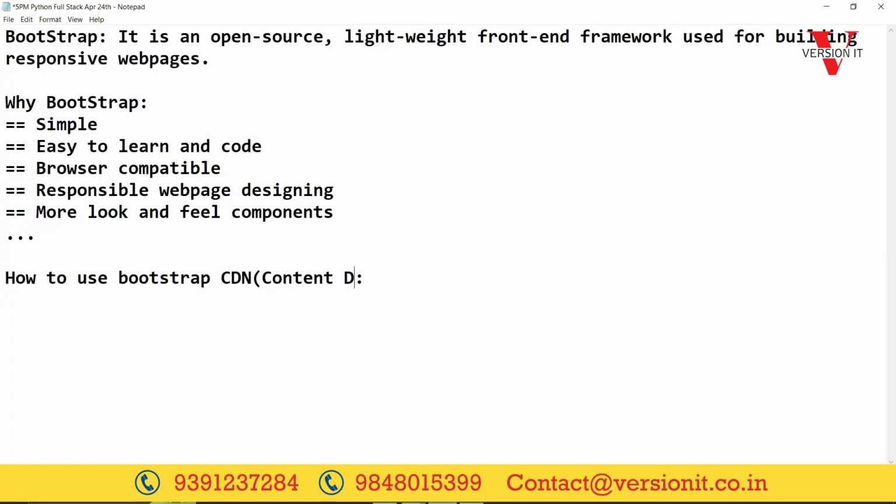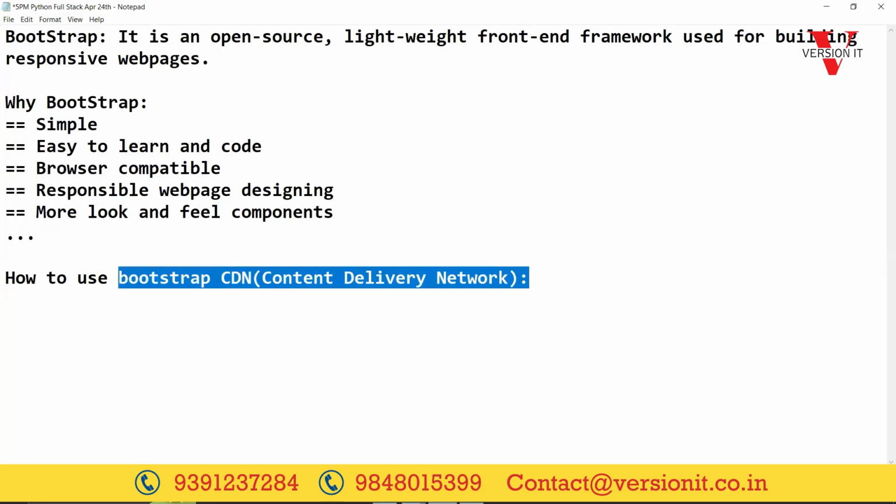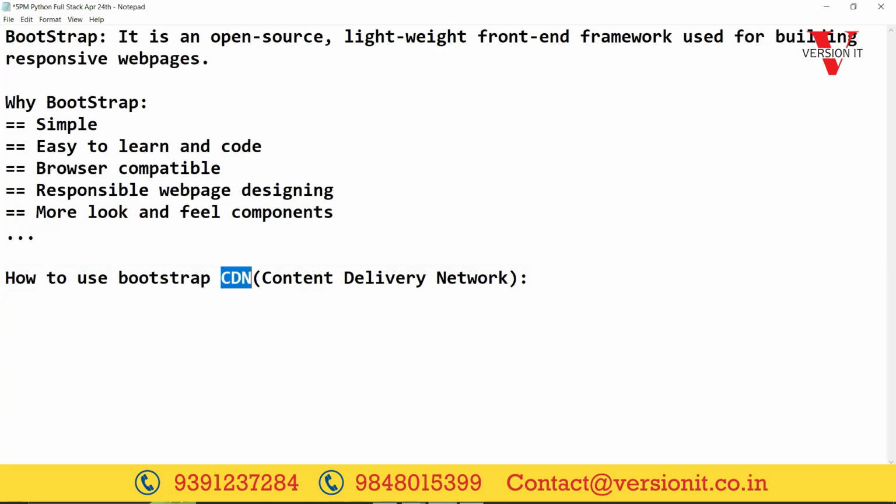What does CDN mean? It stands for Content Delivery Network. So Bootstrap provides a CDN, a library called Content Delivery Network, and that library we can use in our pages.